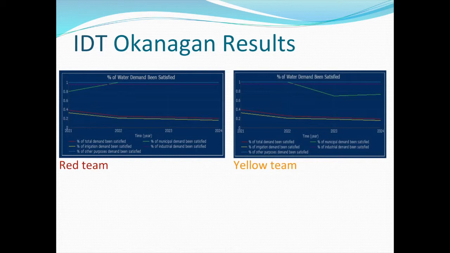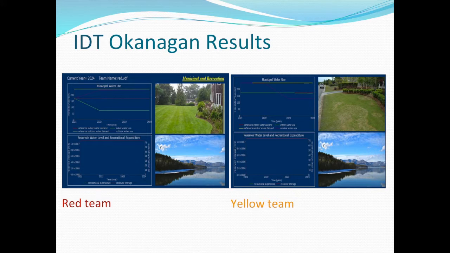Since those 2 teams choose different times and amounts of water ration for the municipal water use purpose, these 2 lines are different, like this. And finally, they just get different pictures of the lawn. Here, the purple line just decreased. The outdoor water use suffered from the ration for the municipal purpose.